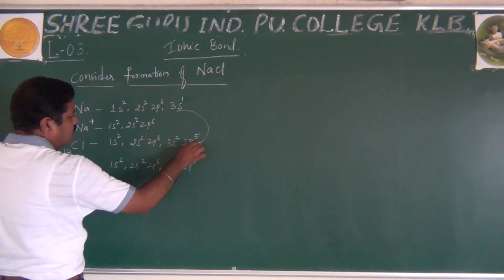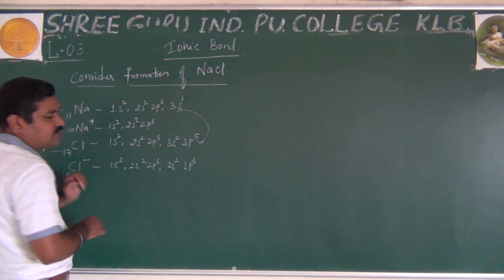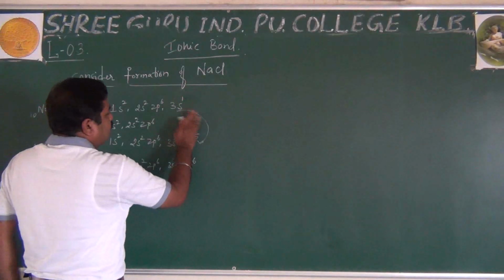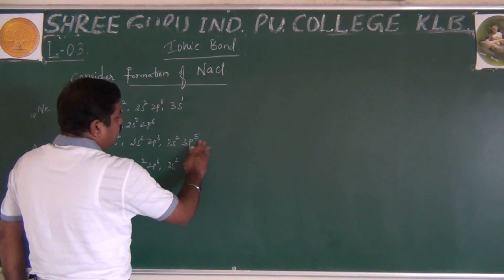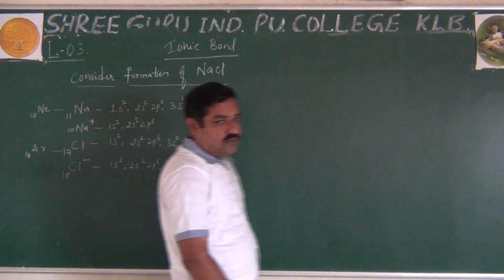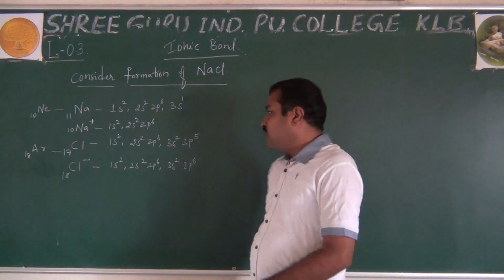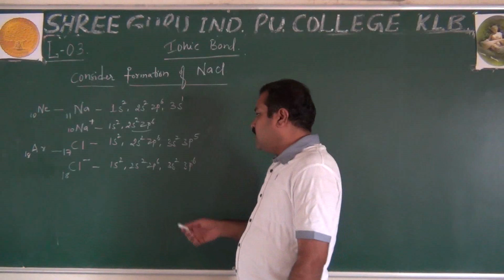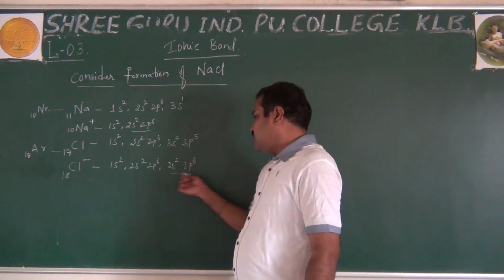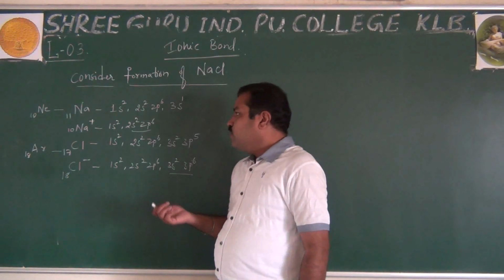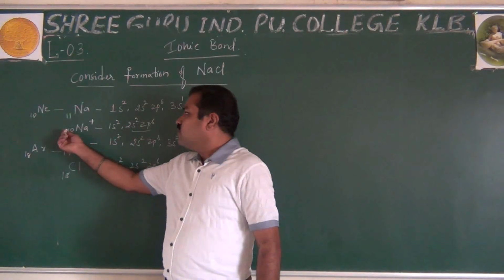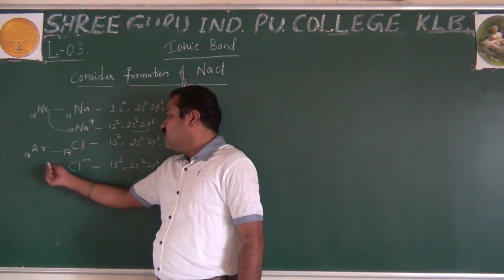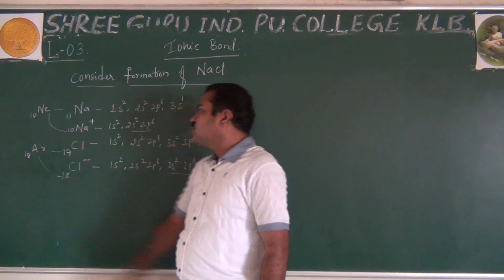See, this electron has been transferred. Please remember what you observed here: sodium, after losing one electron, acquires s2p6, and chlorine, after gaining the electron, acquires s2p6. Both acquire the nearest noble gas configuration, of neon and of argon respectively.